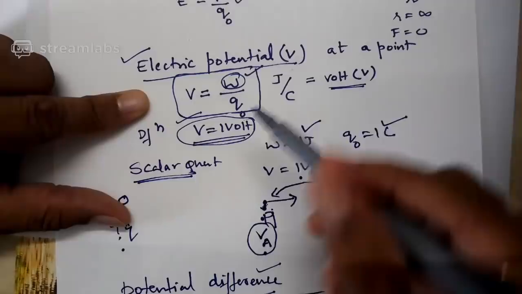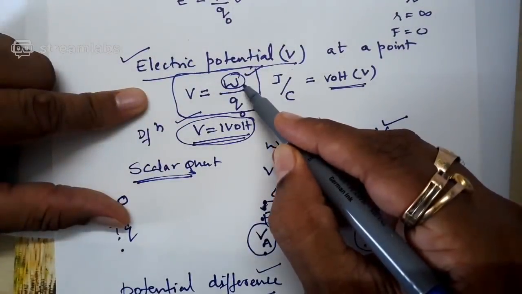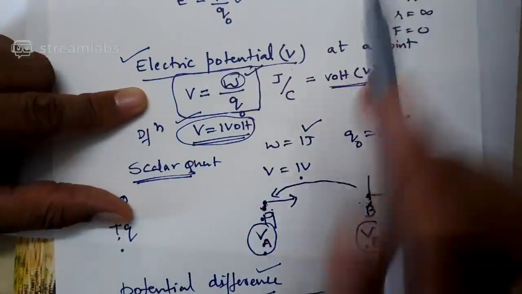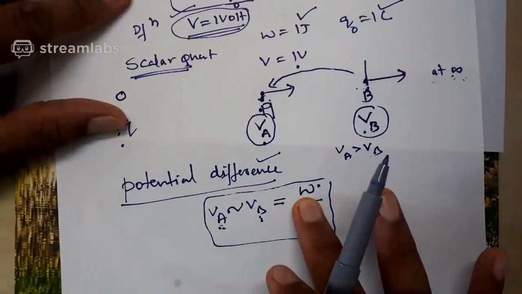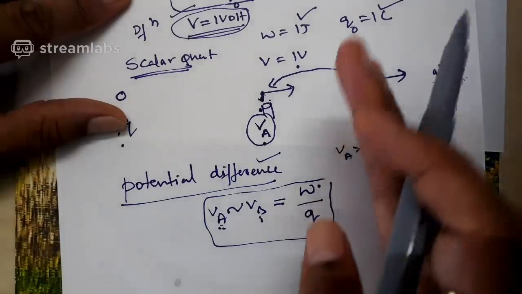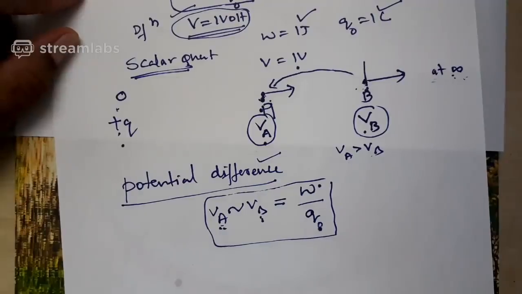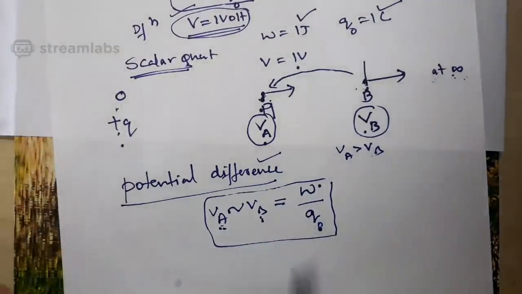But the difference in this W is that this is the work done in moving a unit positive charge from infinity to a point under consideration against the electric field, whereas this W is the work done in moving a unit positive charge from one point to another point against the electric field.